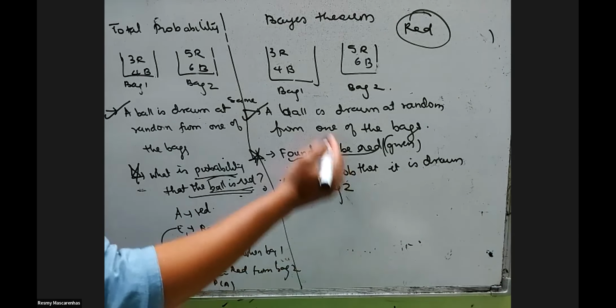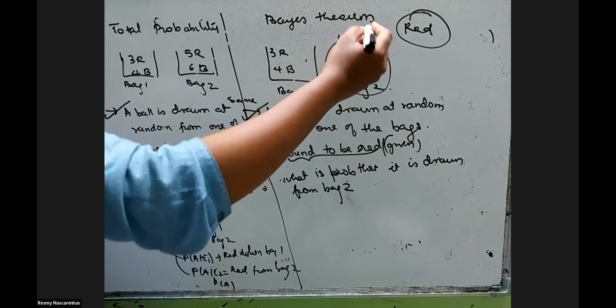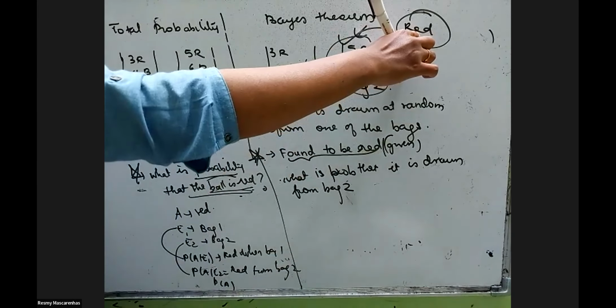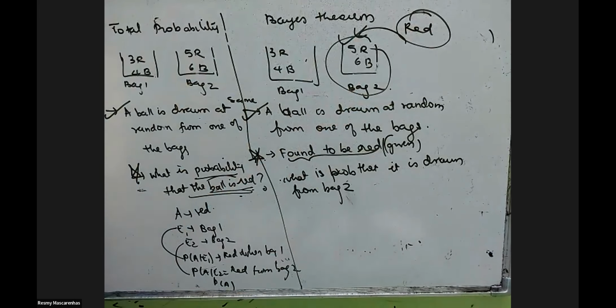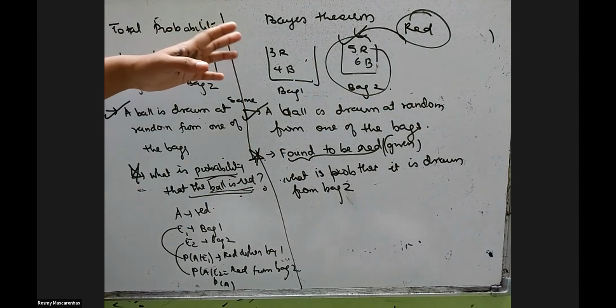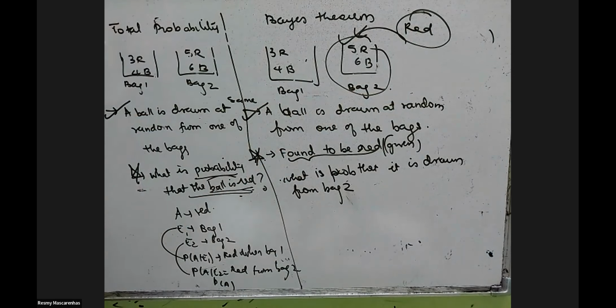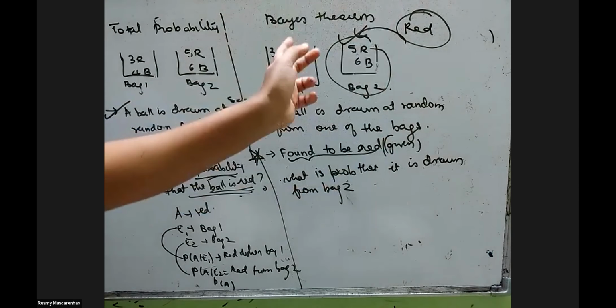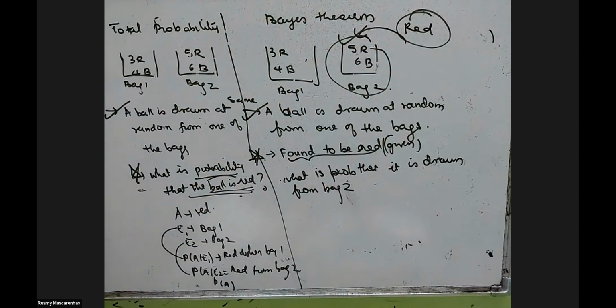Now they are asking the probability that it is from bag 2, given that the ball is red. What are the chances that you had selected bag 2? In the earlier question, one ball is picked straight away and the probability that it is red is asked. Here something will be given and then, the other way around, you have to find whether it is from bag 1 or bag 2. So this is the difference between total probability and Bayes theorem.